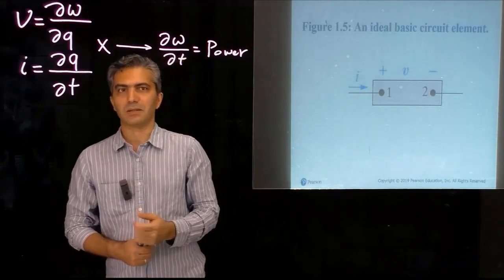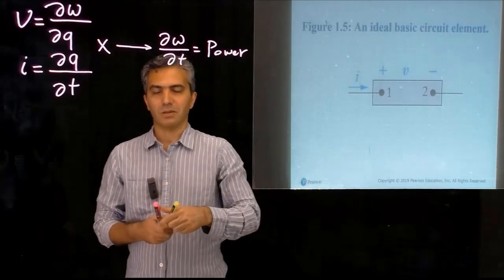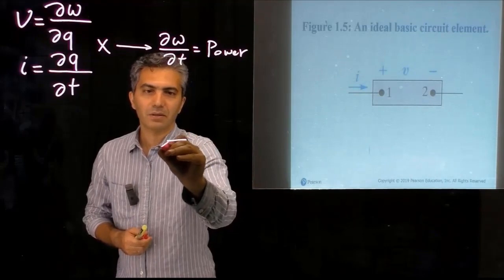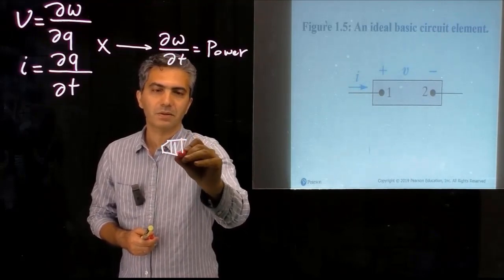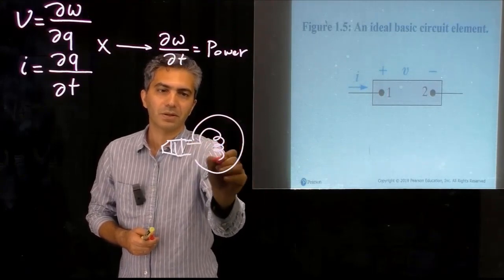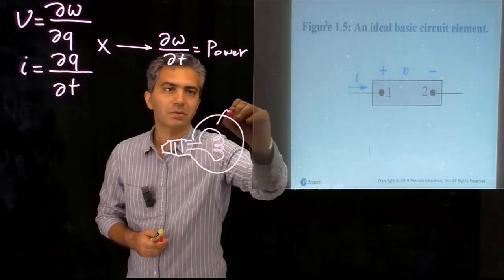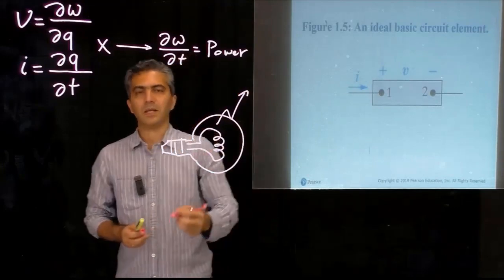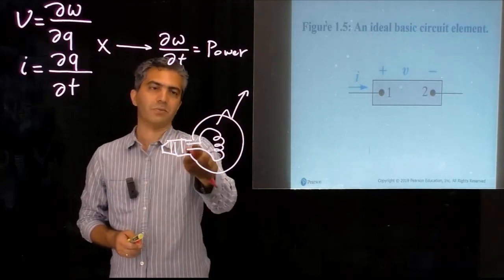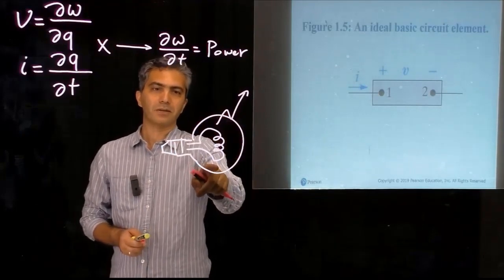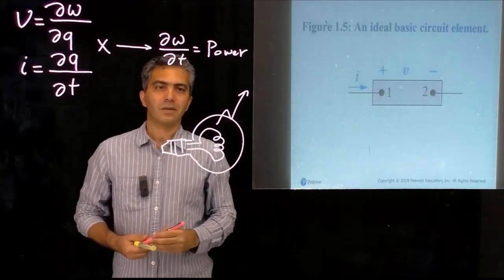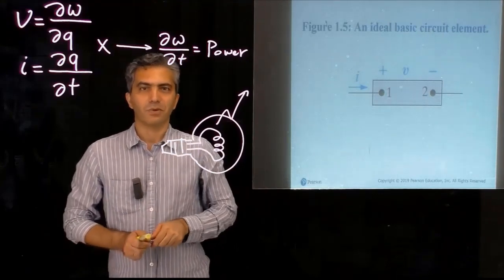For example, in the case of a light bulb, which we mentioned earlier on, you input electrical energy, and that energy turns into light and heat, obviously. And by the way, this is an old incandescent light. Lighting technology is different these days, but that's a topic for a different time.